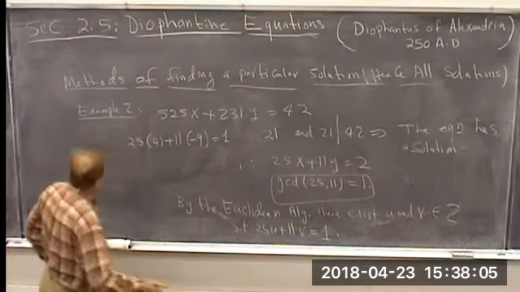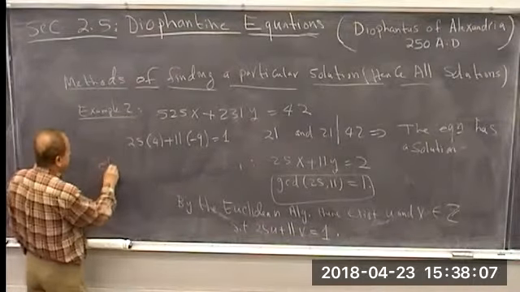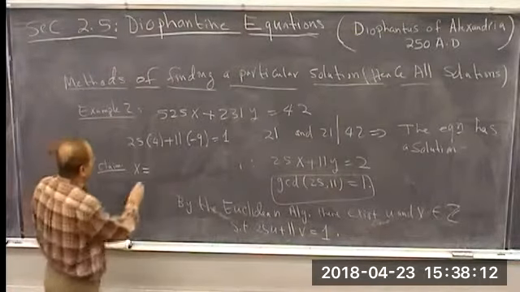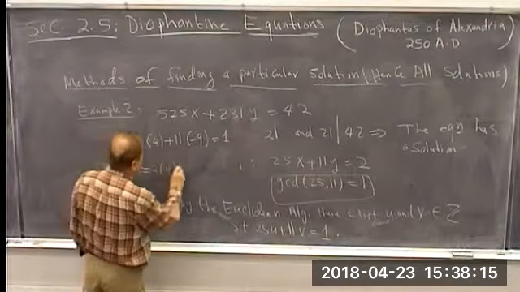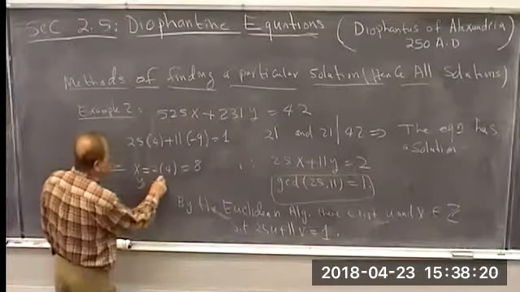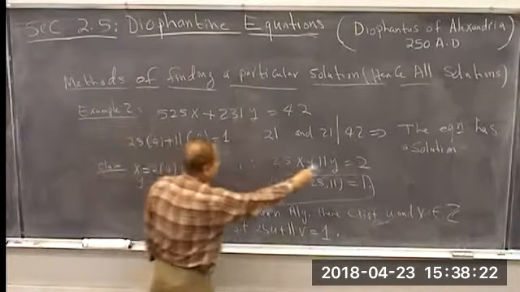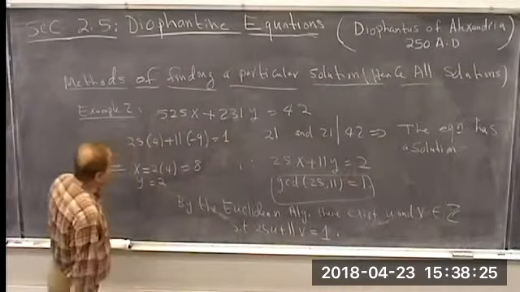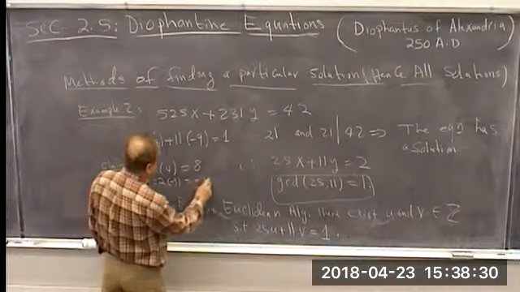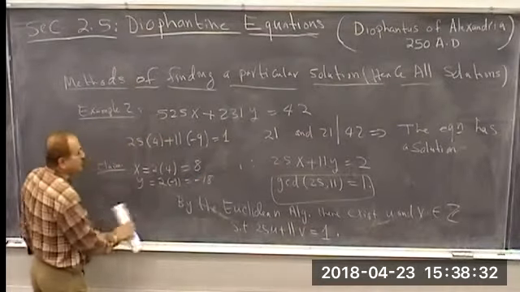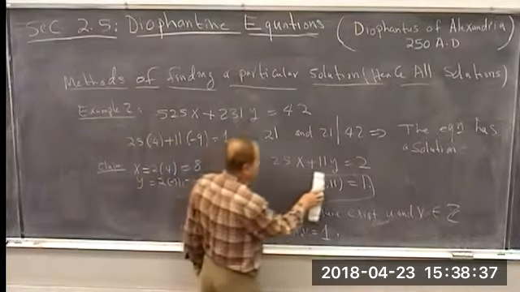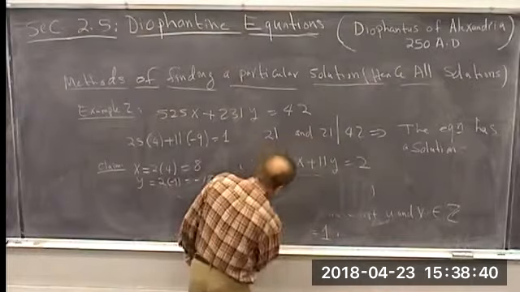Now then I claim that if you take x equal to 2 times 4, which is 8, and y equal to 2 times negative 9, which is negative 18, it is in fact a solution for this equation.